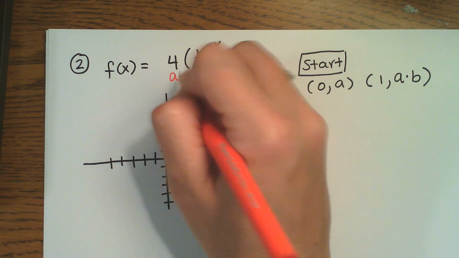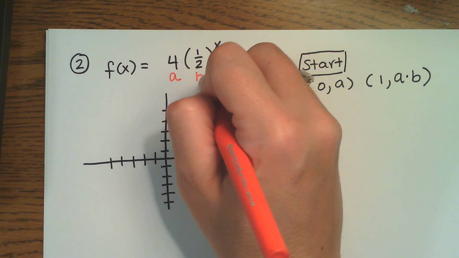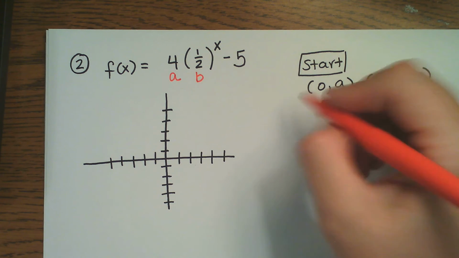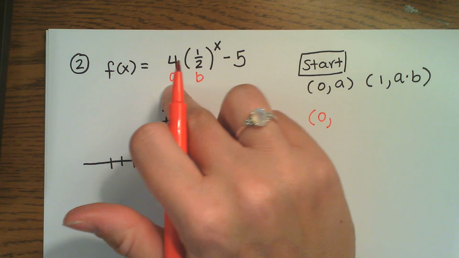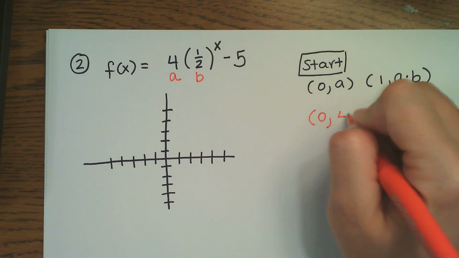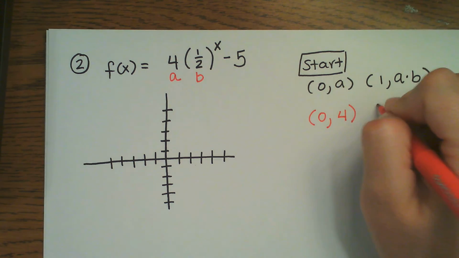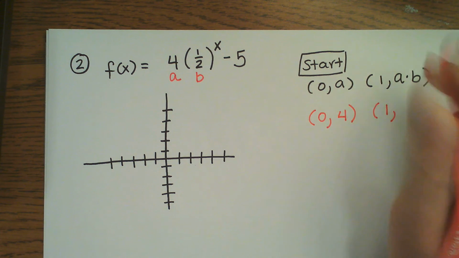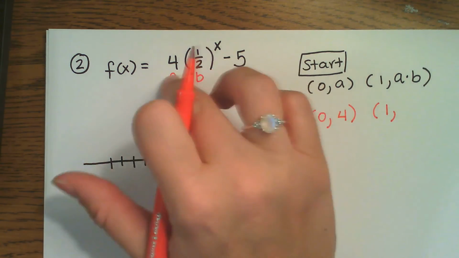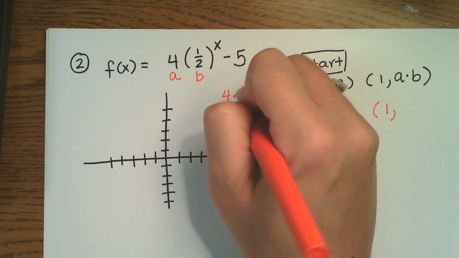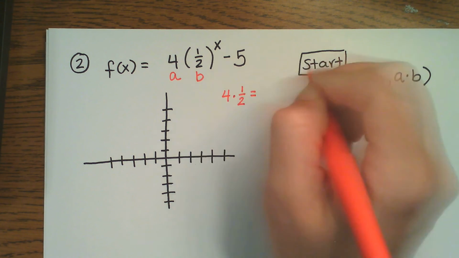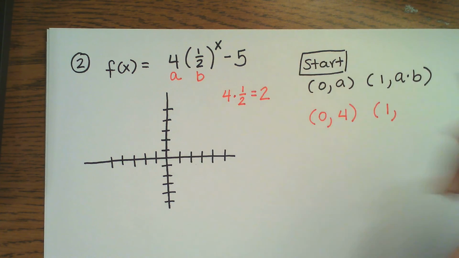Your a is 4 and your base with your exponent is 1/2. So we'll plot 0, comma 4. And 1, comma, so we're going to multiply a and b together. 4 times 1/2 is 2.